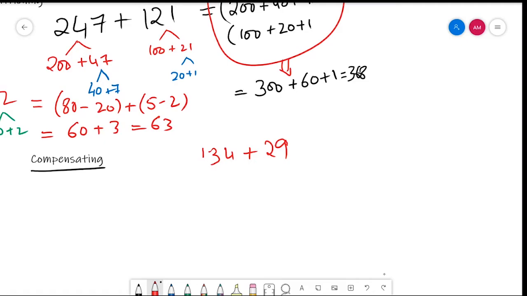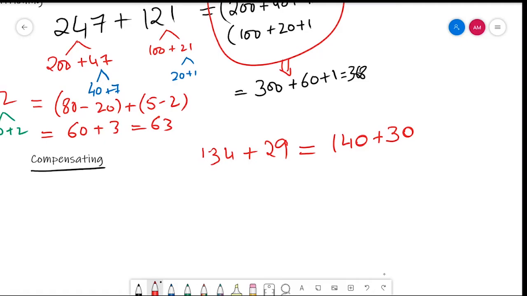let's make it, instead of 134, we can make it 140. So you have compensated it with 140, so you have added 6 there. And similarly, you can compensate 29 by 30. So you have added 1.